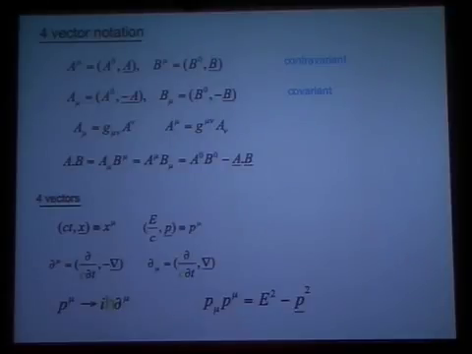And then the A dot B, which I had in writing down my plane wave solution, is to be interpreted as the contraction between a covariant and a contravariant, A mu B mu, which is A naught B naught minus A dot B. So the 4-vectors I've already talked about, the momentum and position.